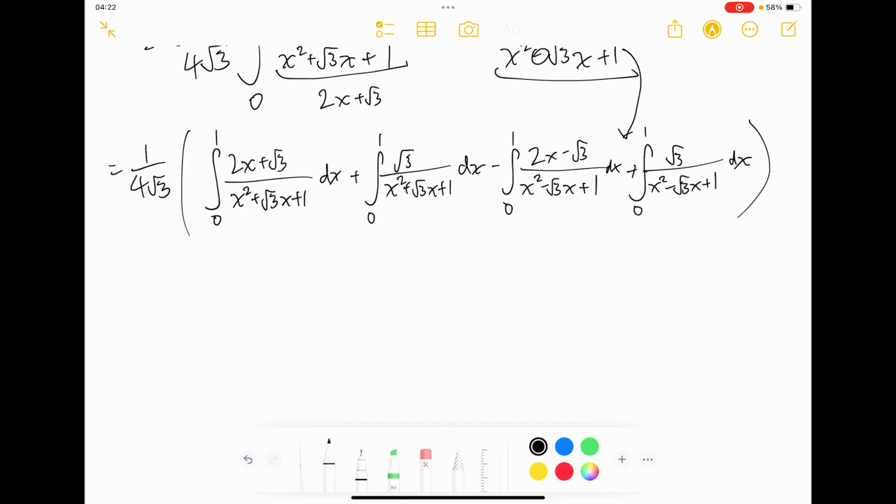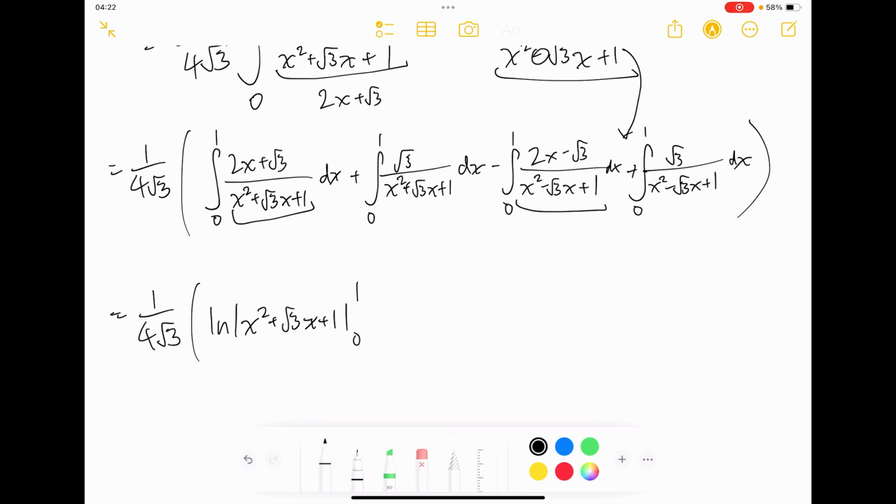we persevere. So this gives us our nice u-subs, and as I was saying, these two integrals have nice u-subs. The top is literally the derivative of the bottom, so it's going to be natural log of this from 0 to 1. And if I put in 0, that's going to be natural log of 1. So that's 0.